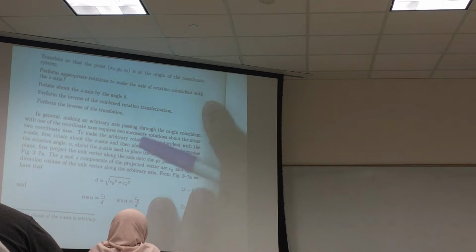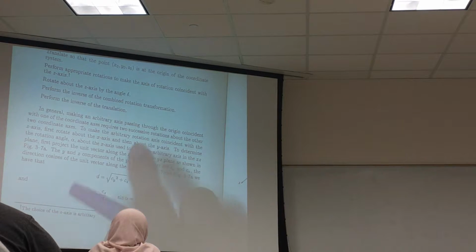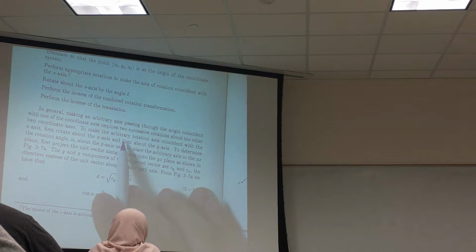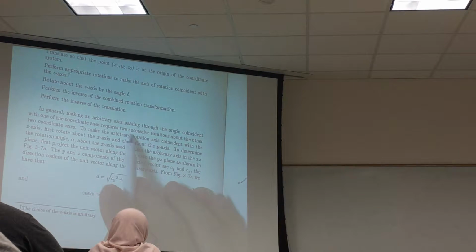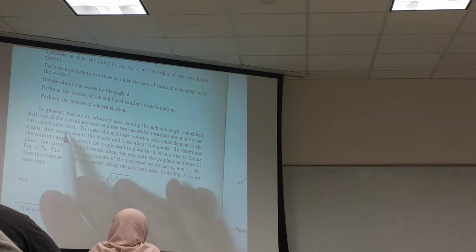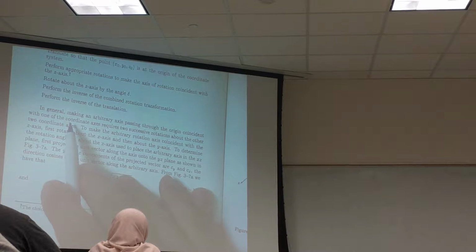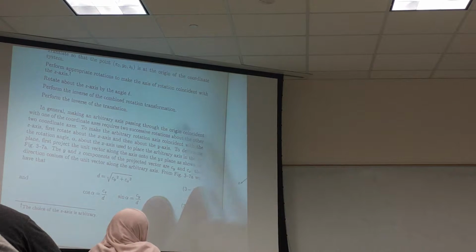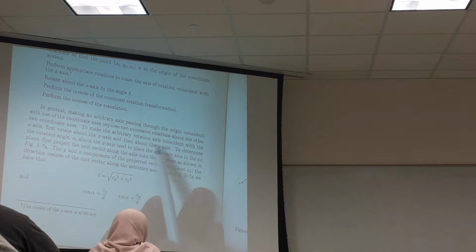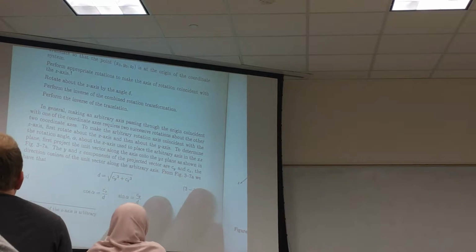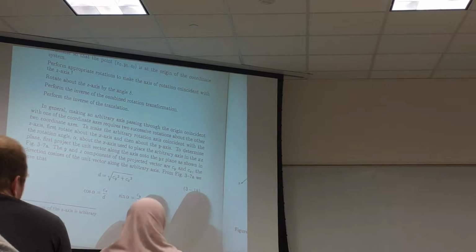In general, to make an arbitrary axis passing through the origin coincide with one of the coordinate axes requires two rotations about the other two axes. If we want to rotate about z, we first rotate through the other two, x and y. To make the arbitrary rotation axis coincident with z, we rotate through x and then y. That's the normal procedure that you take.